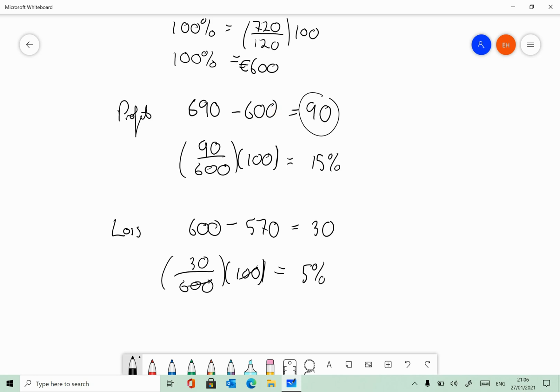Probably should do it on a calculator just to check. 30 over 600 multiplied by 100 equals 5. Yeah, so 5%. They would make a 5% loss if they sold them for 570. So that was question 14.